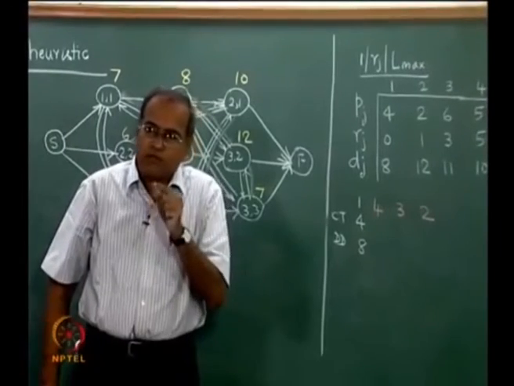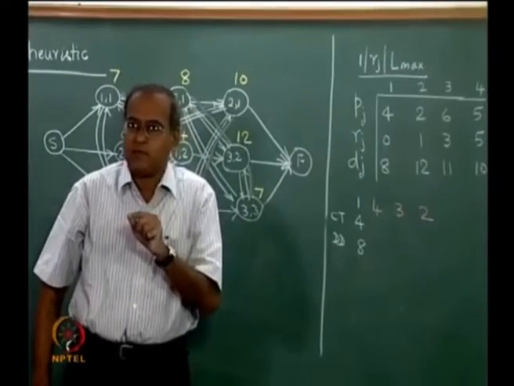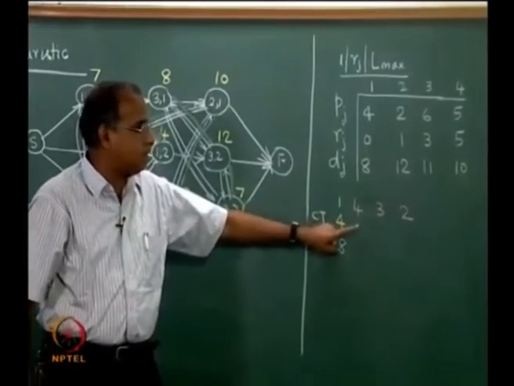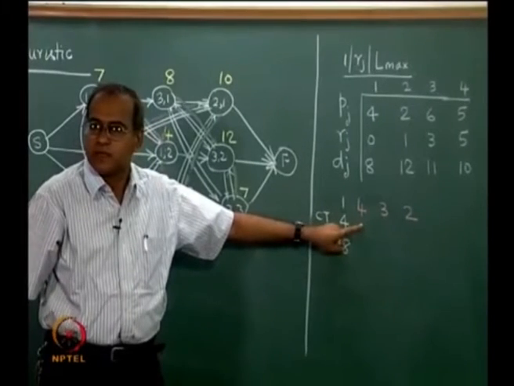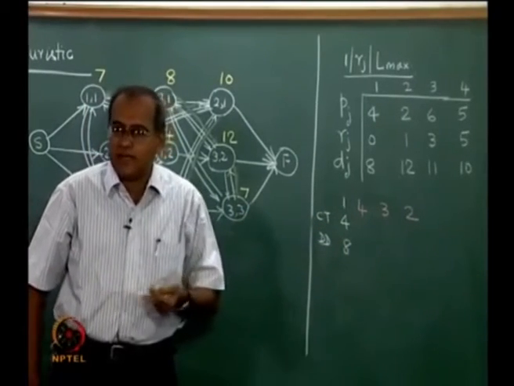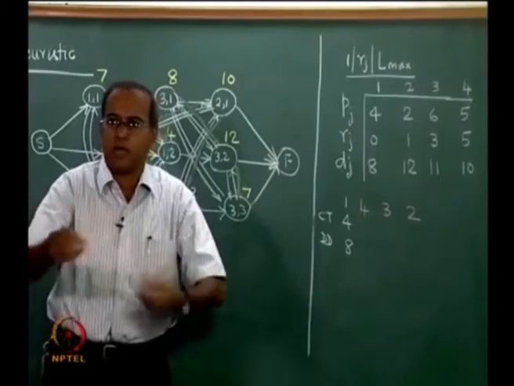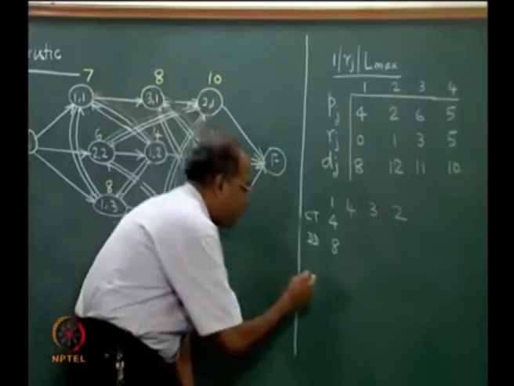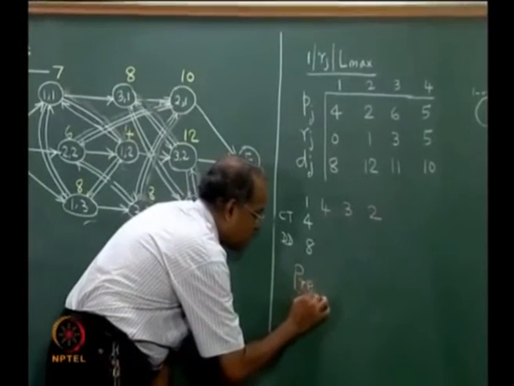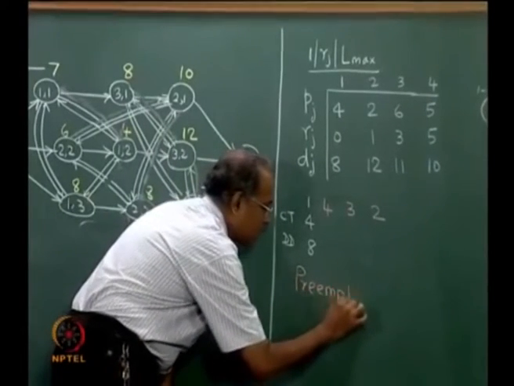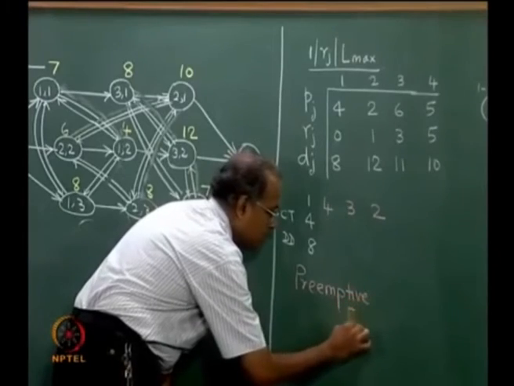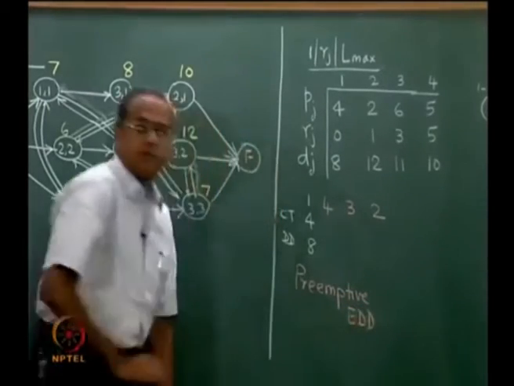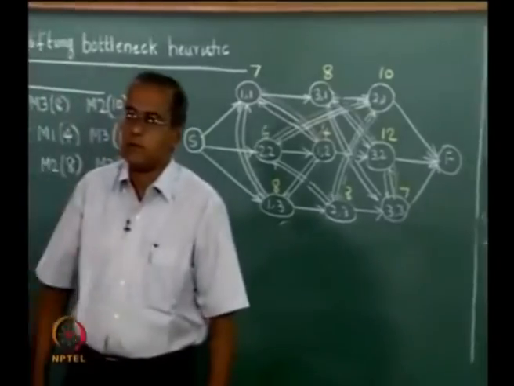So, if we want to find out the completion time, then the completion time will become 5 plus 5, 10. But we are interested in finding a lower bound to L max. Therefore, we will use what is called a preemptive EDD rule.